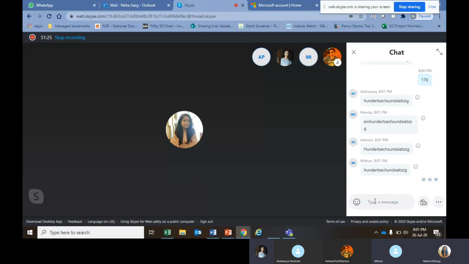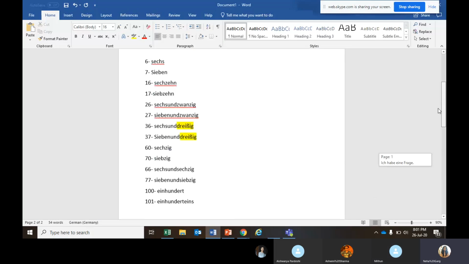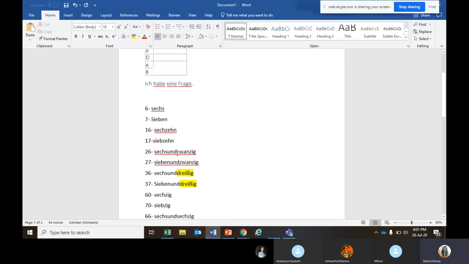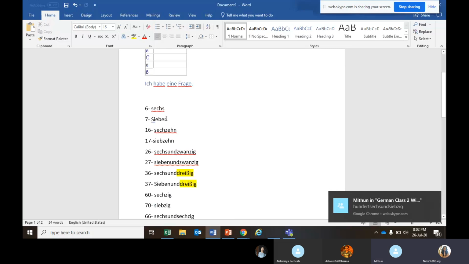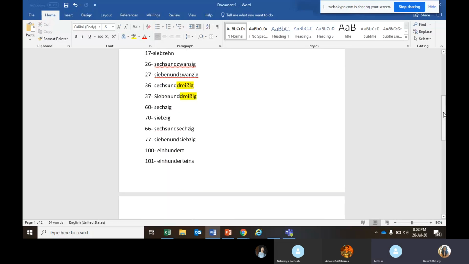So 100, 6 und 70. So remember, if there is any confusion, whenever we are changing 6 and 7, remember this rule. Whenever there is und in between, we would be writing complete 6 and 7. And if there is no und in between, we would be writing Zek and Zeb. Okay, that's easy. Right? So remember this und rule in between.